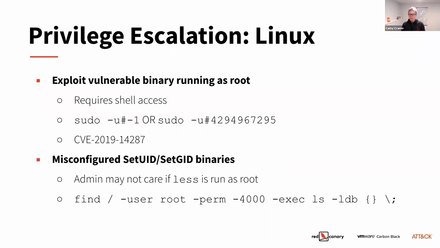The user would be listed in the sudoers file with permissions to run specific binaries as root. But if they ran sudo with this option shown on the slide here, -u #-1 or the other one, they would be able to run whatever command they were running with an effective user ID of -1.